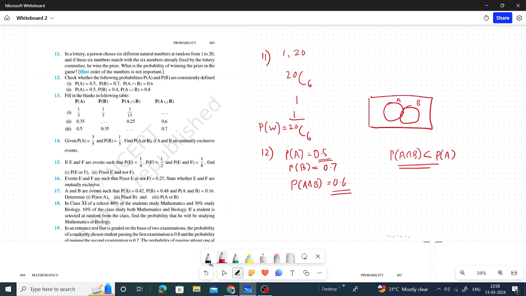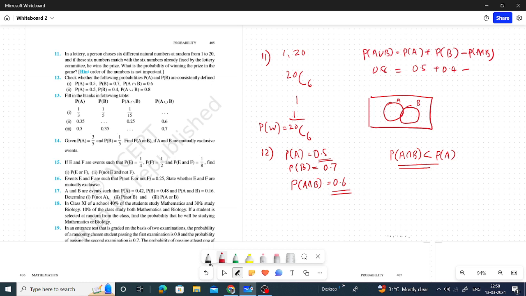Now let us check: probability of A union B is equal to probability of A plus probability of B minus probability of A intersection B. Probability of A union B is equal to 0.8, probability of A is 0.5, and probability of B is 0.4, minus probability of A intersection B, which is not given.